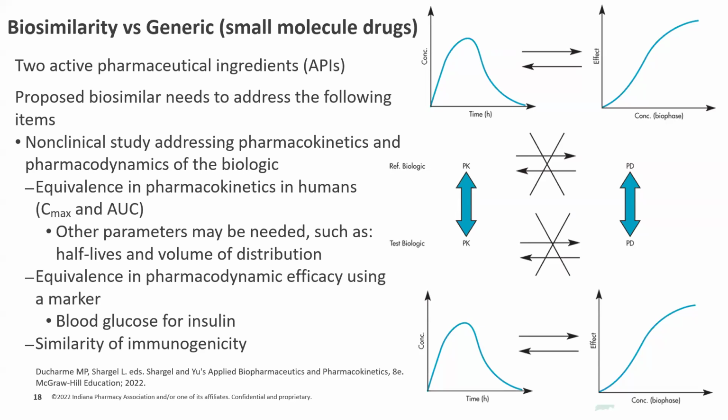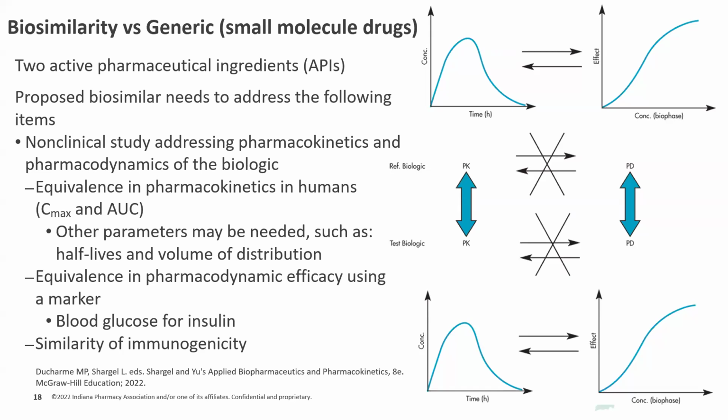That's the pharmacokinetics. With pharmacodynamics, we may need to assess therapeutic parameters, like the example I have, blood glucose changes with insulin. So pharmacodynamics assesses how the drug affects the body. Just note, equivalent pharmacokinetics doesn't always mean equivalent pharmacodynamics and vice versa.